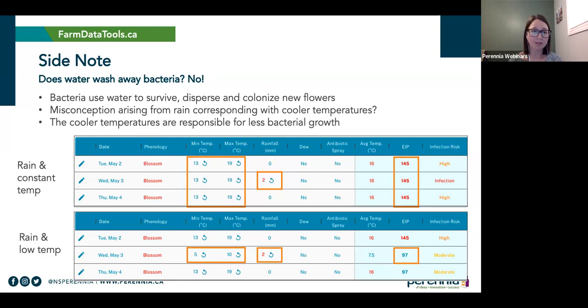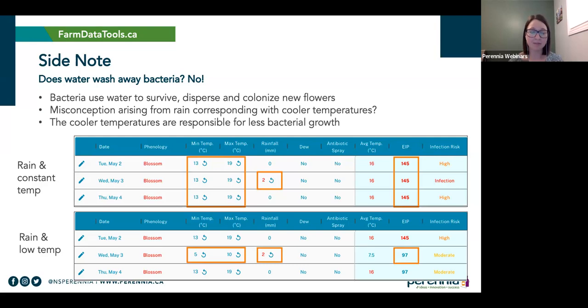So the bacteria loves the water, and there's billions of cells, so even if some of it gets splashed to another tree, there's still a lot of bacteria that would remain where it is. I think this misconception came from rain events often corresponding with cooler temperatures.